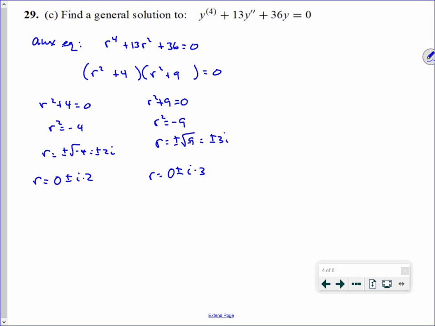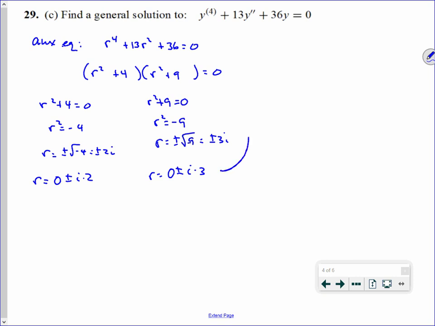Well, there is no alpha here. Well, there's alpha. Alpha is just 0 in both cases. So two parts of our general solution are going to come from the first factor and 2 from the second.